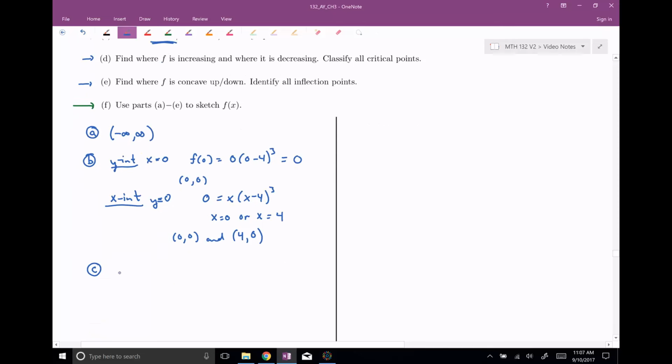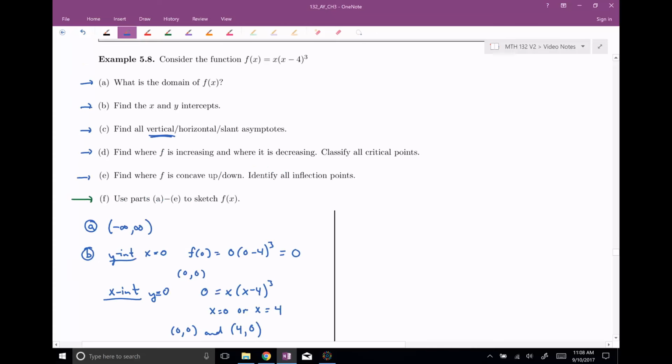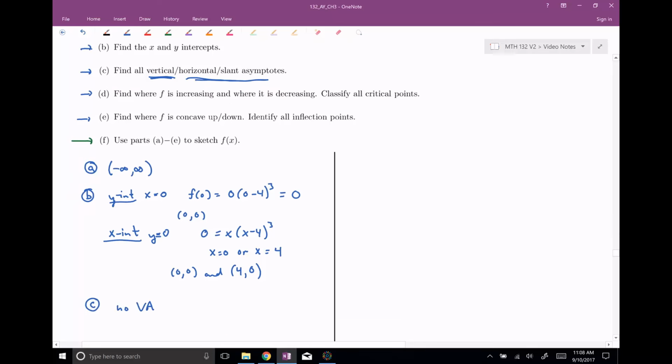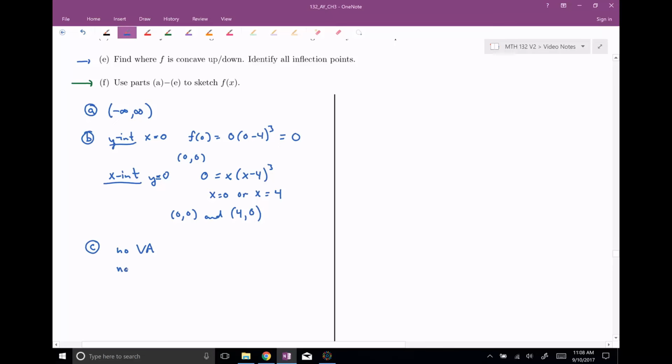So I'm going to put no VA, which I use for vertical asymptotes. And because it's a degree 4 polynomial, you're not going to have any horizontal or slant asymptotes either. So I'll put no horizontal asymptotes and no slant asymptotes. In this case, we don't get any asymptotes.